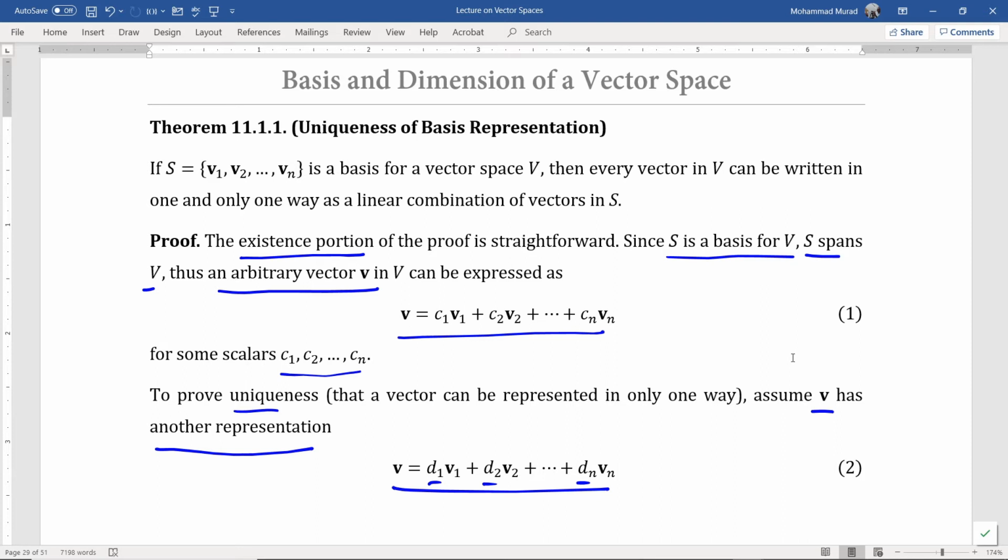We want to show that the corresponding coefficients in these two equations are equal, namely c sub 1 equals d sub 1, c sub 2 equals d sub 2, and all the way up to c sub n equals d sub n.